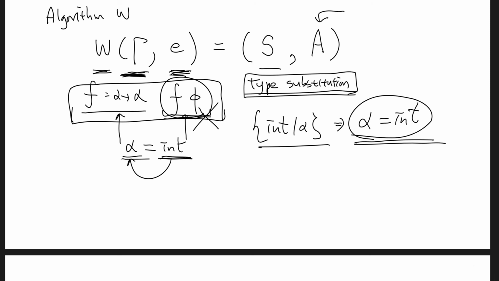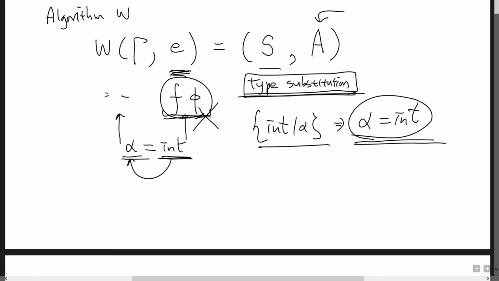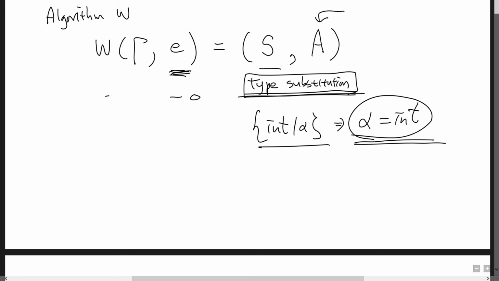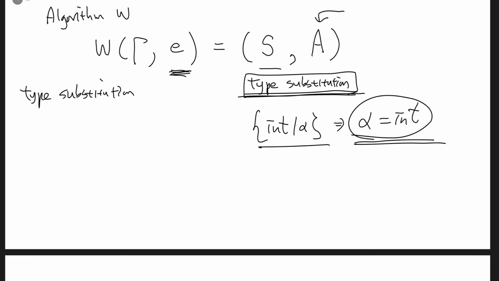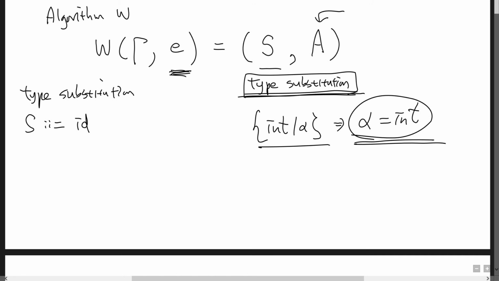So first, we need to formally define type substitution. So what is a type substitution? A type substitution is basically a mapping from type variables to monotypes. Type substitution S is defined as either the identity type substitution, which we write ID, or a singleton type substitution, A for alpha.